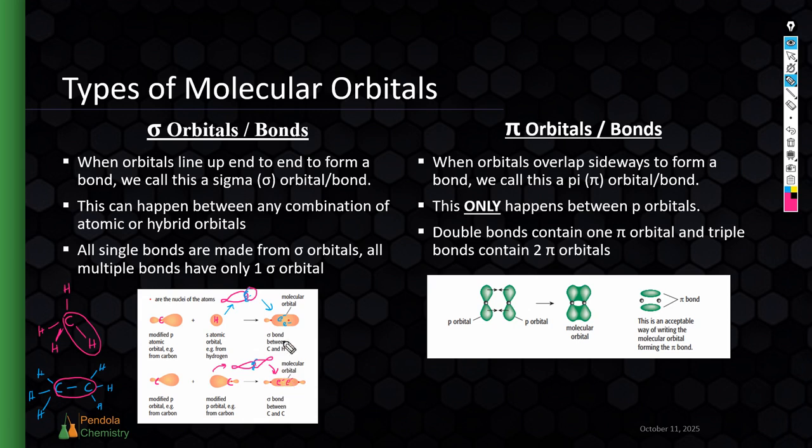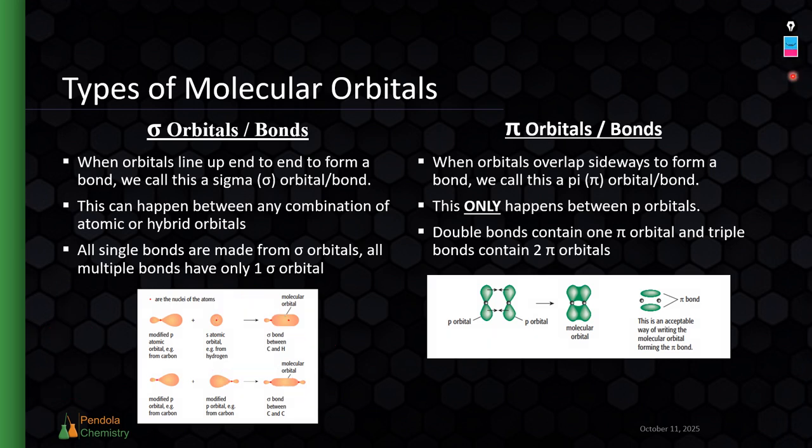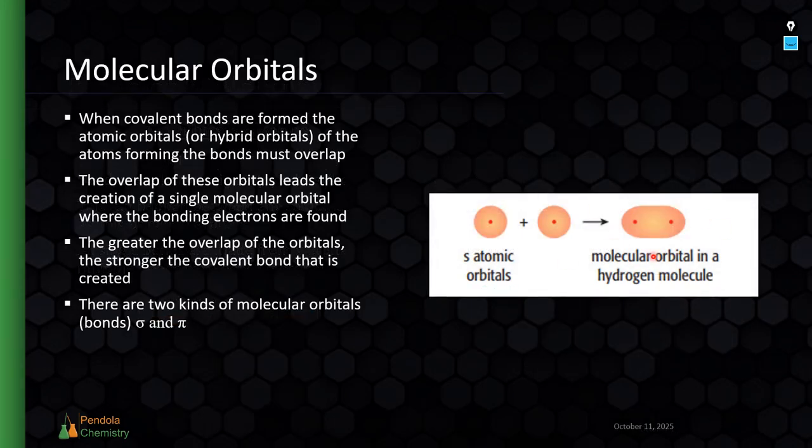They're moving around. But notice how even though both of these are sigma bonds, they look different. Why? This is a sigma bond created between a hybrid and an s orbital. This is a sigma bond created between two hybrid orbitals. And that's even different from, if we go back, the sigma bond created between two s orbitals, which neither side has a tail.